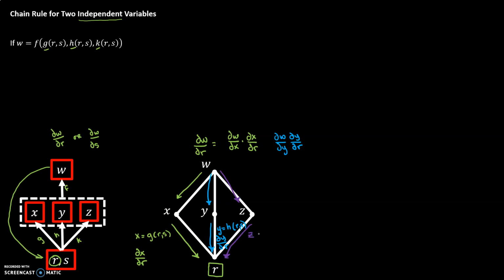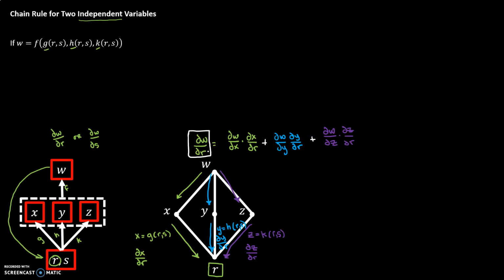Again, remember that z is that function k, which takes in r and s, which means when we take the derivative of z with respect to r, that's also a partial derivative. So our last term is going to look like partial w, partial z, times partial z, partial r. When we add up all of these terms together, we get the partial derivative of w with respect to r.